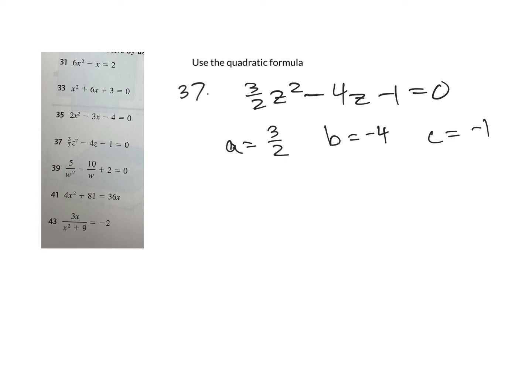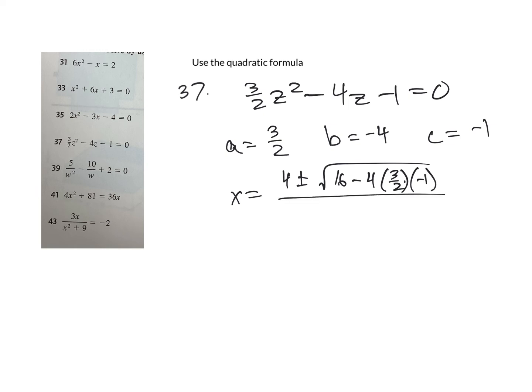All right, so I think we should do something differently here, and I'm going to show you after I'm done. So this is probably what you are doing at this moment. So x equals negative b plus or minus the square root of b squared minus 4 times a times c, all over 2 times a.